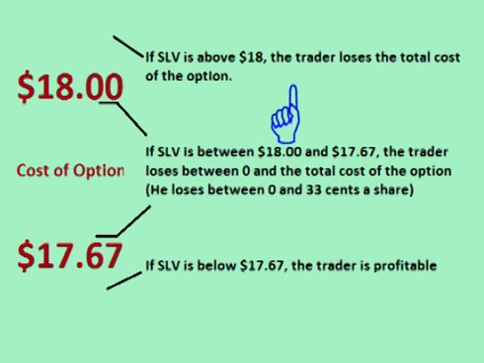He buys SLV at the current price of between $17.67 and $18, and sells it for $18, making the difference between the two. However, the amount he makes is less than the 33 cents upfront cost he paid, so he loses some money, but not the whole 33 cents a share he would lose if SLV was at $18 or higher.